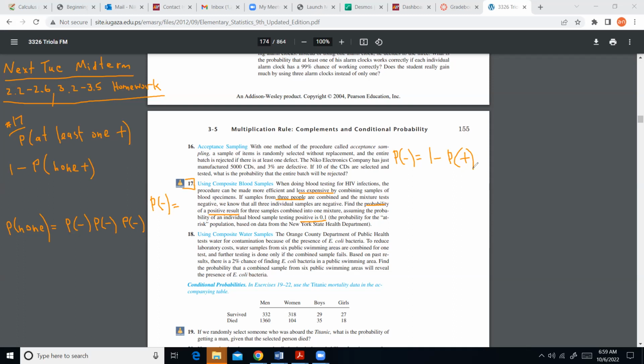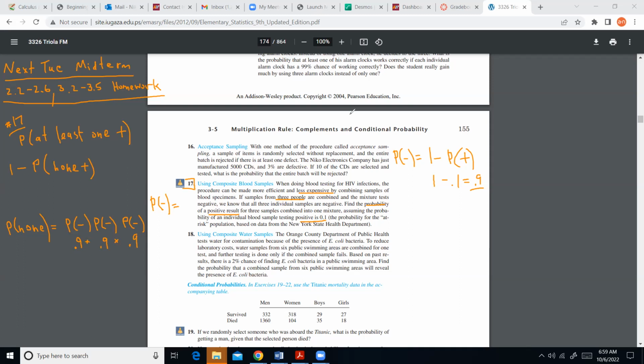If it is not negative, it is positive, they are complements. So if the probability of positive is 0.1, then the probability of negative will be 1 minus 0.1, or 0.9. So we have 0.9 for the first negative, times 0.9 for the second negative, and times 0.9 for the third to also be negative.